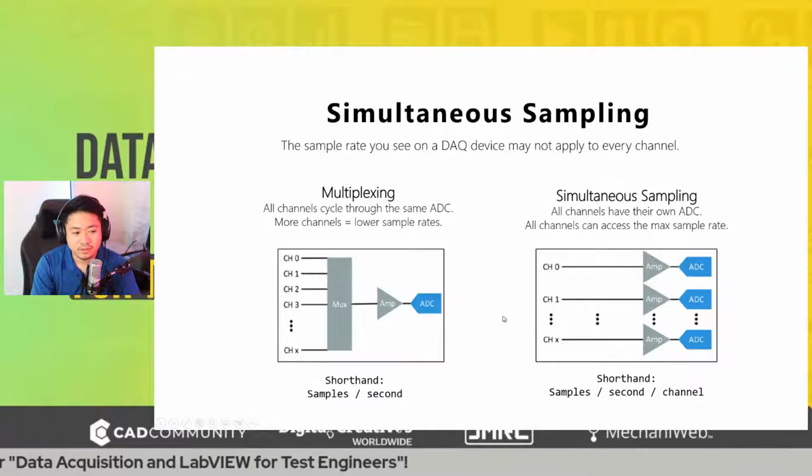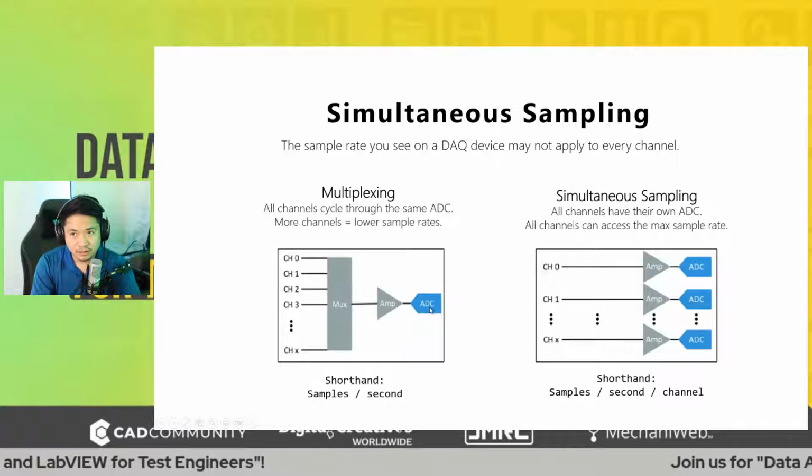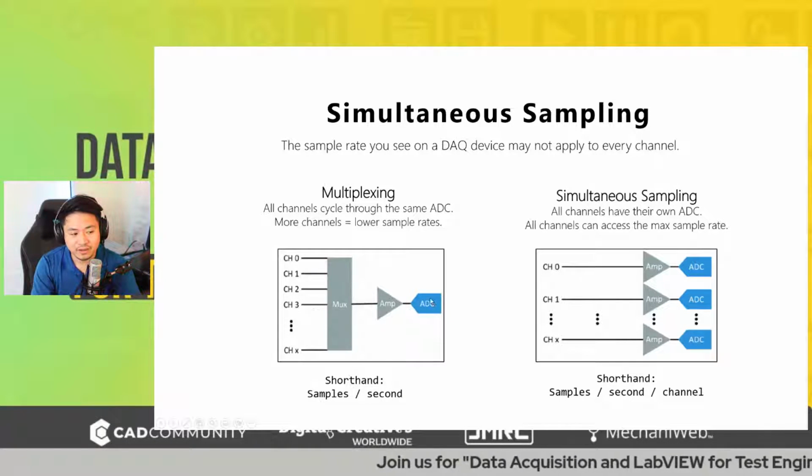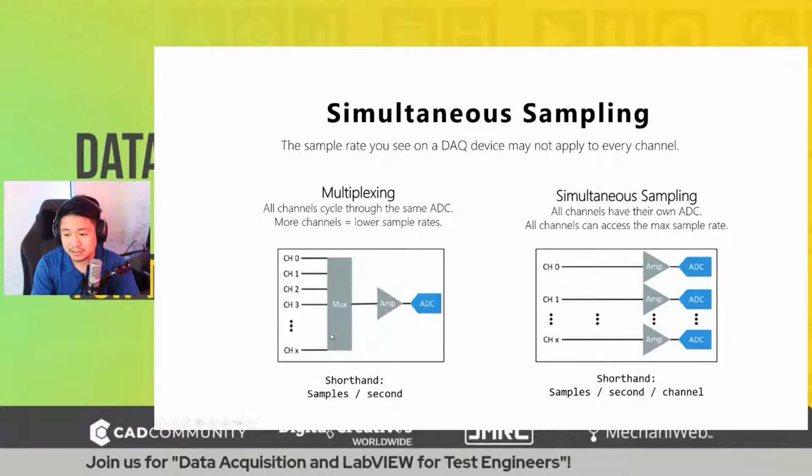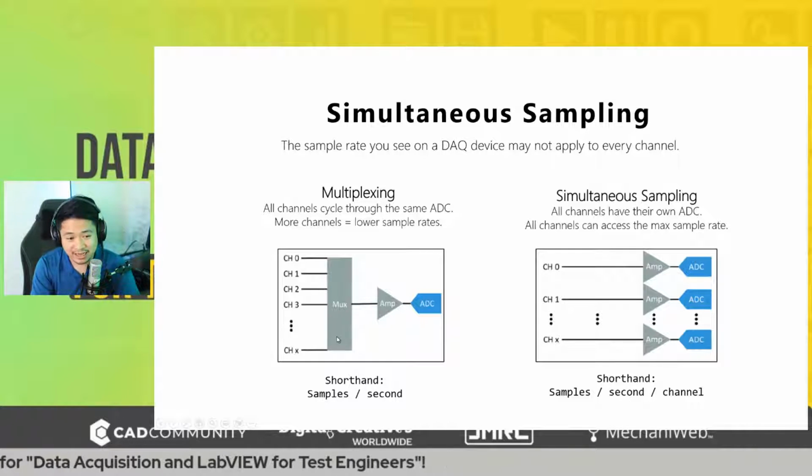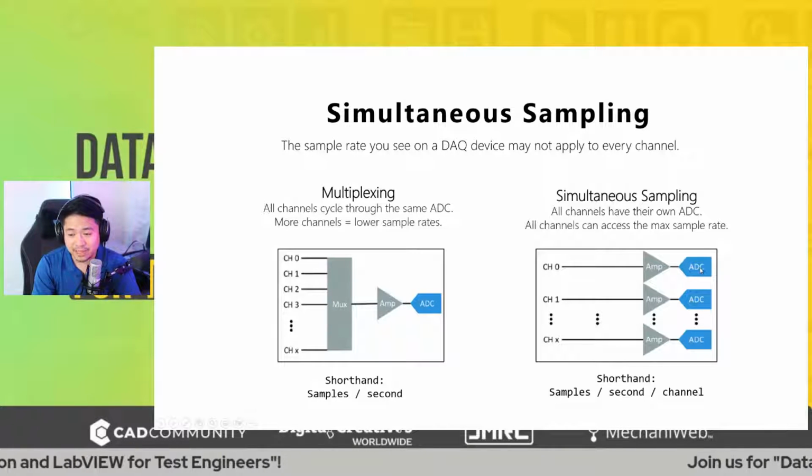So you will still have to divide your sampling rate by how many channels you have. It's not as ideal as a simultaneous sampling device.